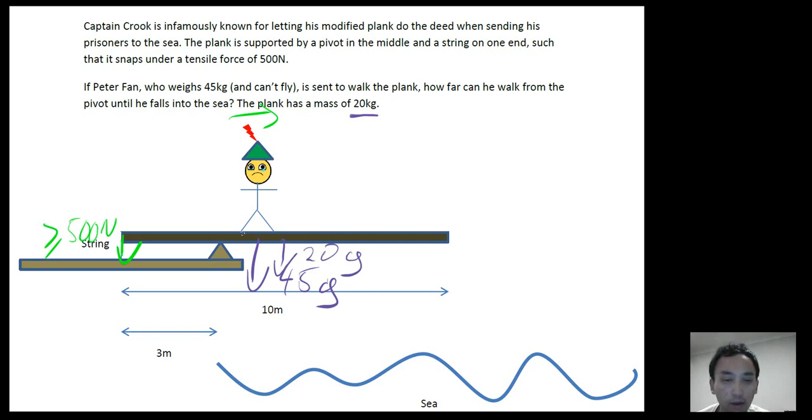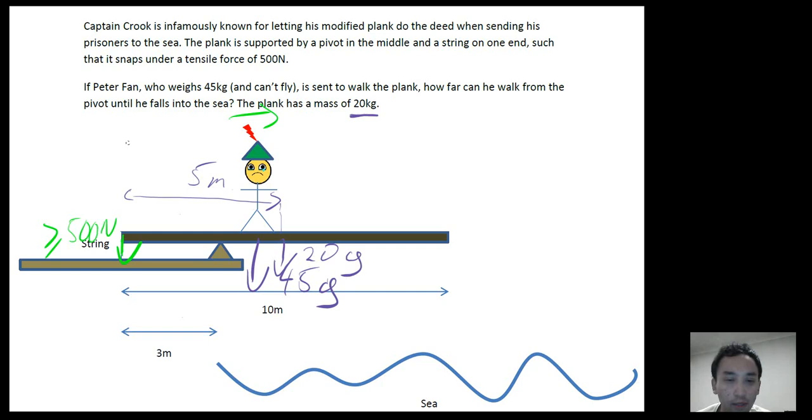Now, before I keep going, let's clarify the positions of both of these forces. For the 20g over here, 20g is at the center of mass of the plank, so this will be 5 meters. And for the 45g, we don't know.